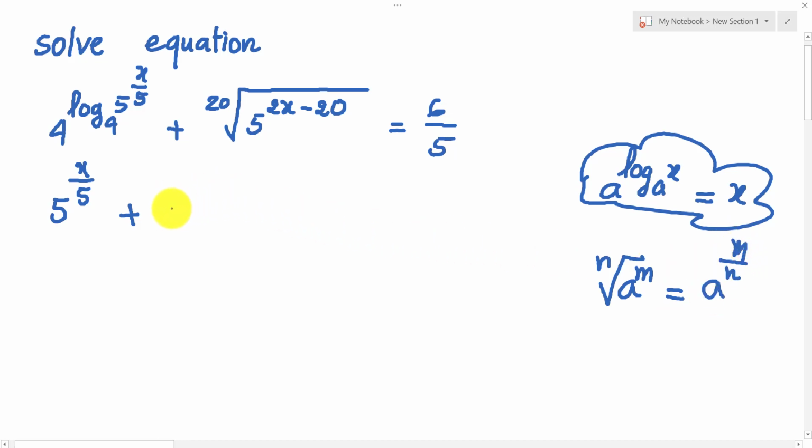So I can write 5 power 2x minus 20 over 20 equal 6 over 5.